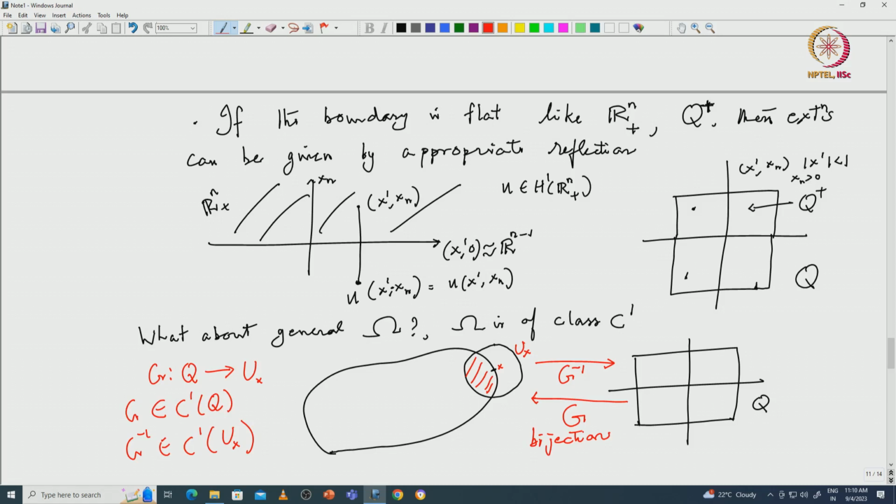Extensions are also important to get some of the density theory. So how do you do the extension? Something is given here and this portion is mapped to here, and then you extend it, you get an extension here, and then once you get an extension you come back here.